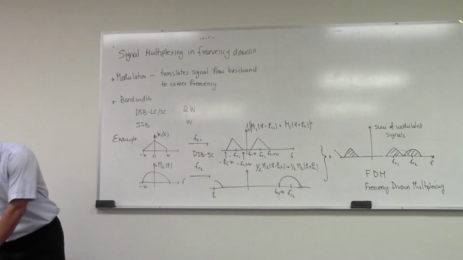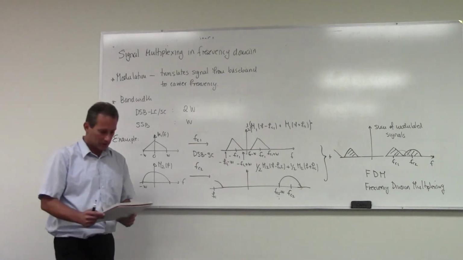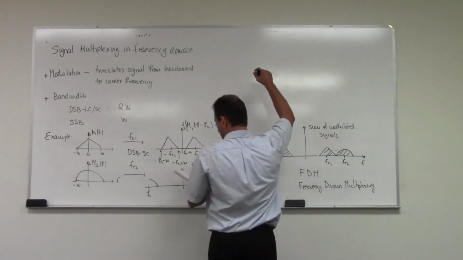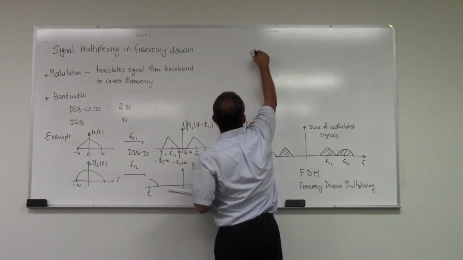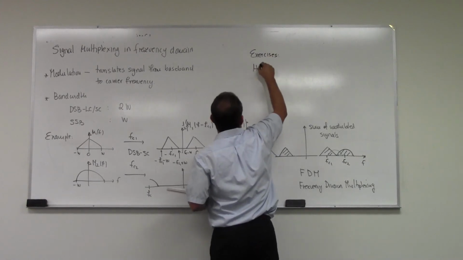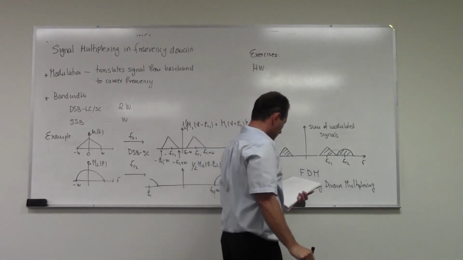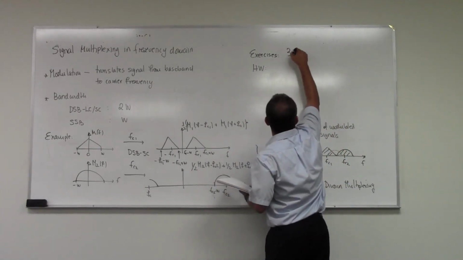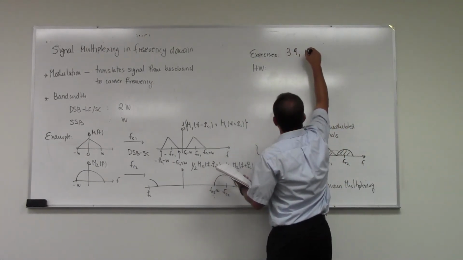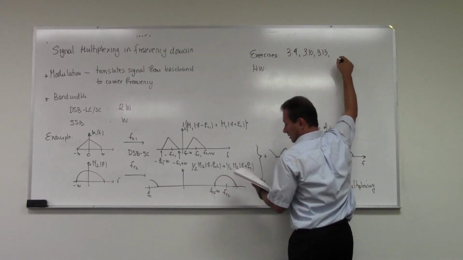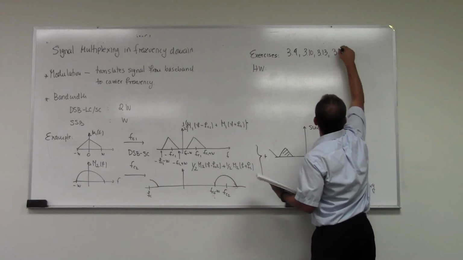Okay, there's a homework associated with this. As you know, I assigned both exercises in the homework. Exercises are from the Shams manual, so you can take the problems 3.9, 3.10, 3.13, 3.14, and 3.15.